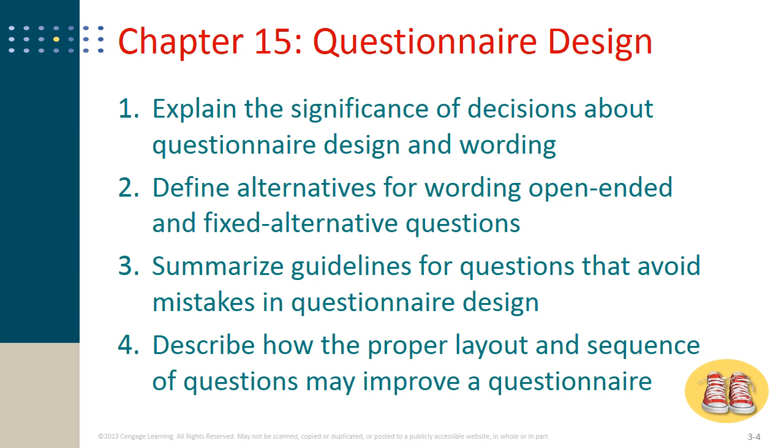So we'll talk about alternatives for wording different types of questions. We'll talk about guidelines for writing questions that avoid errors and mistakes. And we'll talk about how even the layout and the sequence of questions can improve a questionnaire.